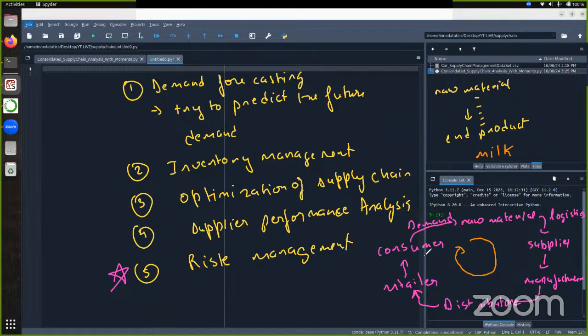There are some economic factors which mean that now the consumer is unable to purchase the product. So as a result, the demand is reduced. So we have our raw material getting impacted. So this is how our supply chain analytics is going to work.